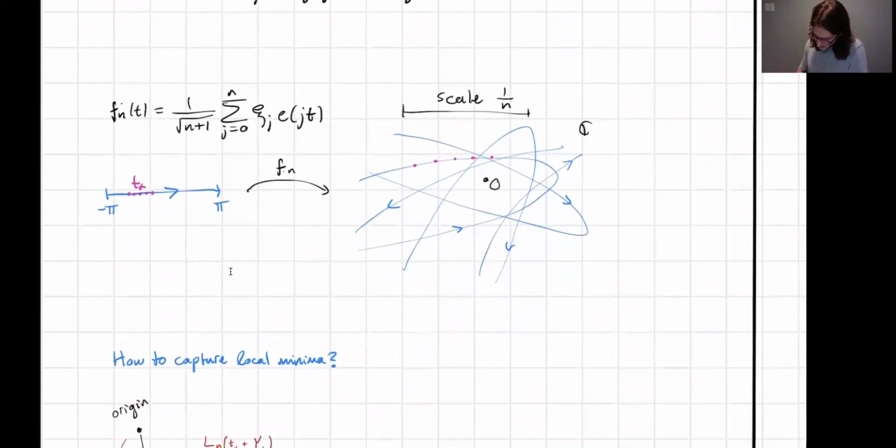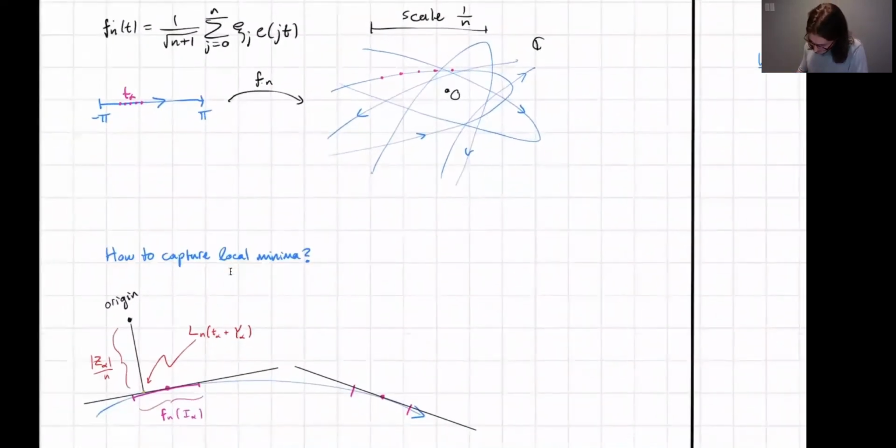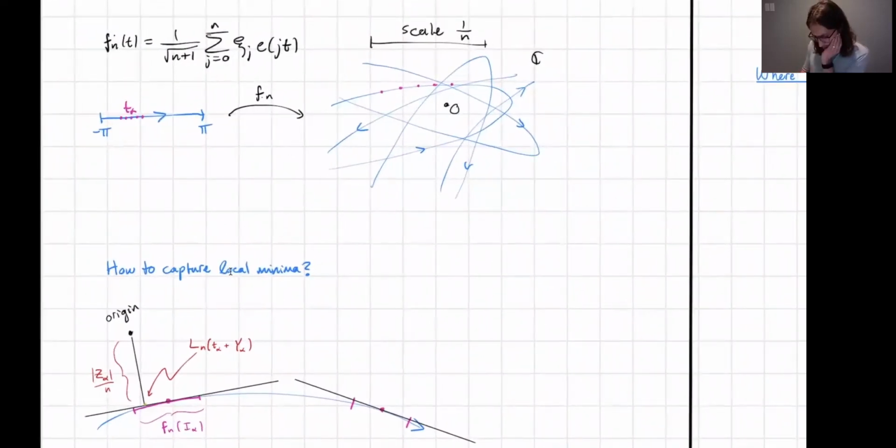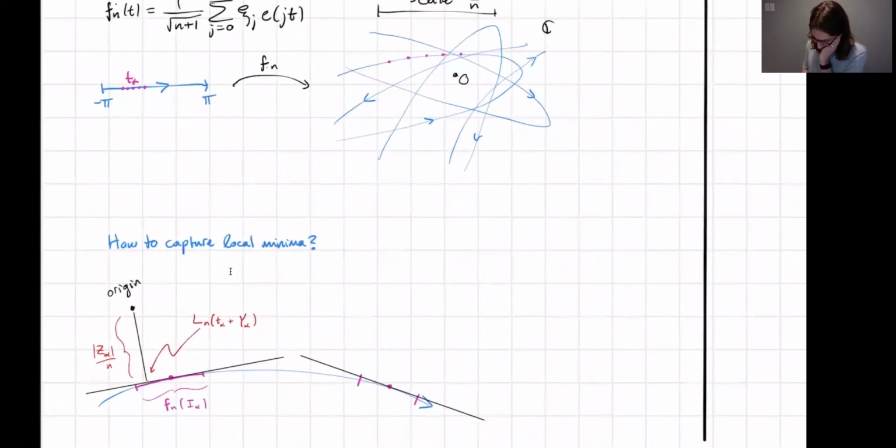So this is our problem now, how to capture local minimum. We need a criterion for selecting which point is a representative of the closest moment of this approach to the origin. So here's how we do that. Each of these points is the midpoint of a little interval of width 2/N, and here I've got that segment.